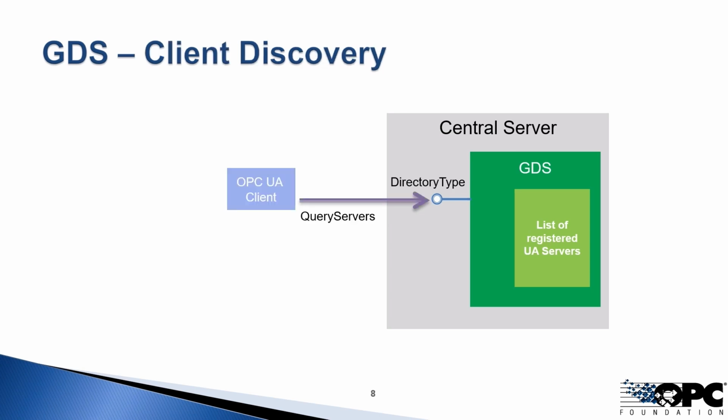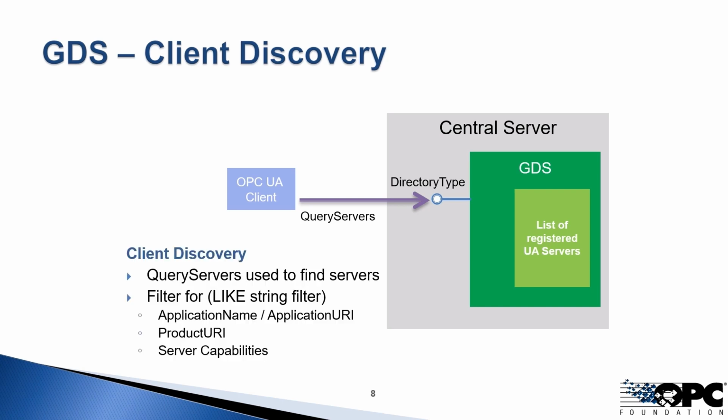So clients use discovery servers, or the central discovery server, more or less for the same reason it would use the decentralized discovery mechanism, and that is to find registered servers in the system. But in the case of the central server, the client discovery mechanism uses a different method call, in this case query servers, to find the servers that it's interested in.